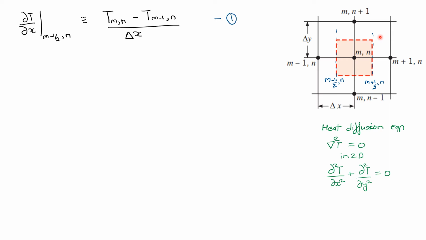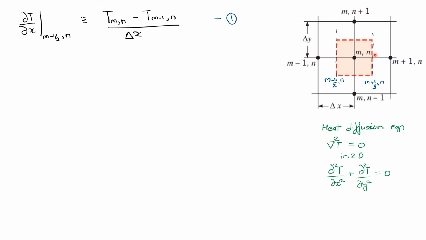Now let's see what the temperature will be across the half point, that is m plus half comma n, right here, and let's calculate del T by del x at m minus half comma n.